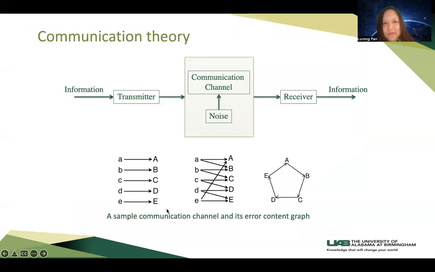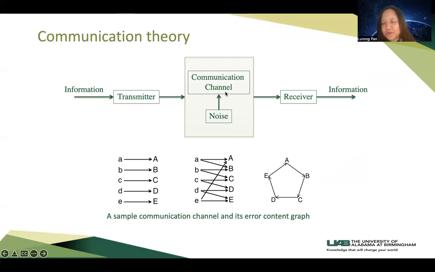First, let's get a little background on communication theory, which was invented in the 1950s by Claude Shannon. The theory is relatively easy to comprehend because we use it almost every day. Information comes in, and a transmitter carries this information through what we call a communication channel.